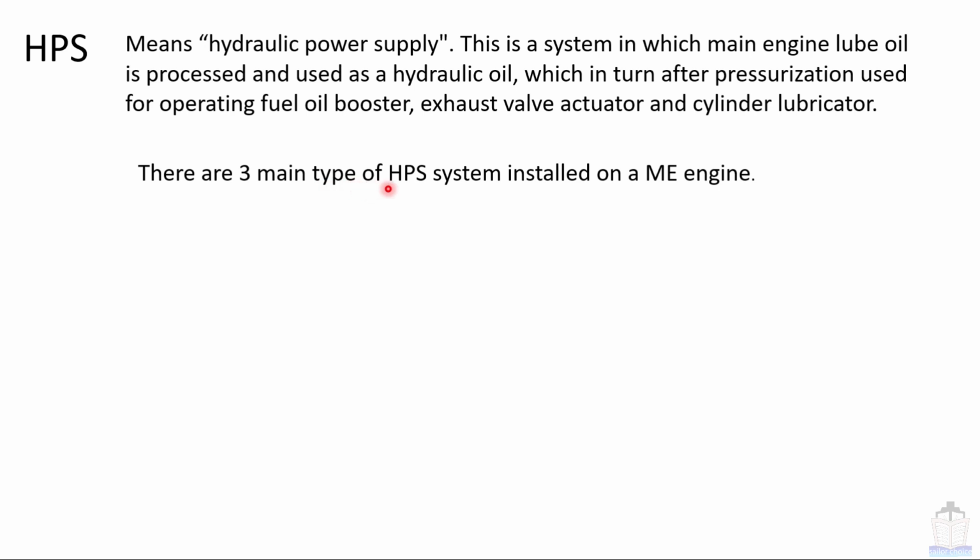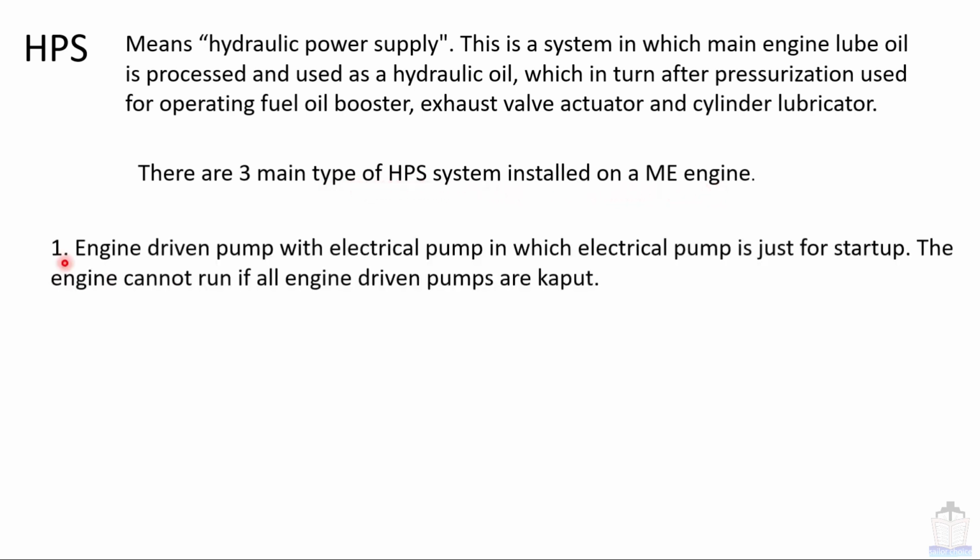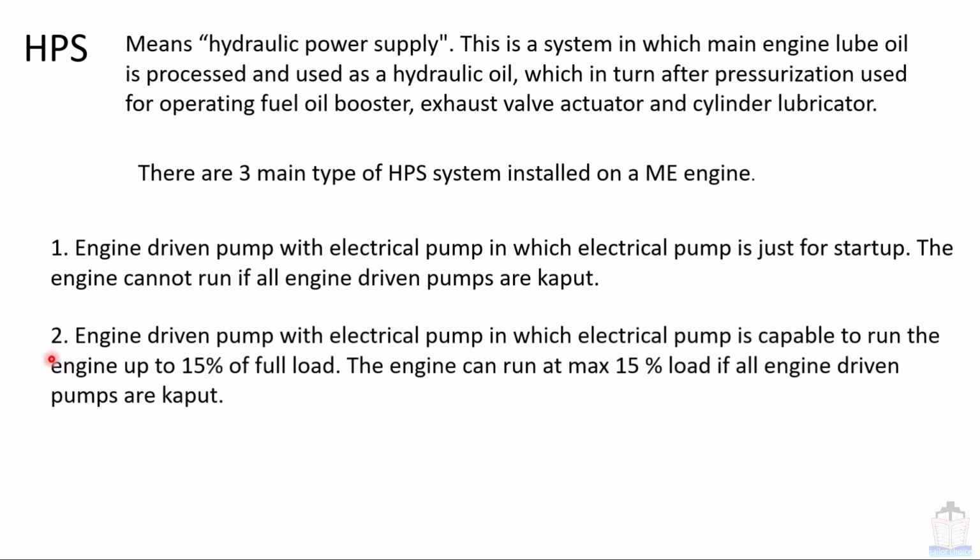There are three main types of HPS system installed on an ME engine. First one is engine driven pump with electrical pump, in which the electrical pump is just for startup. The engine cannot run if all engine driven pumps are kaput. Second one, engine driven pumps with electrical pump, in which the electrical pump is capable of running the engine up to 15% of full load.